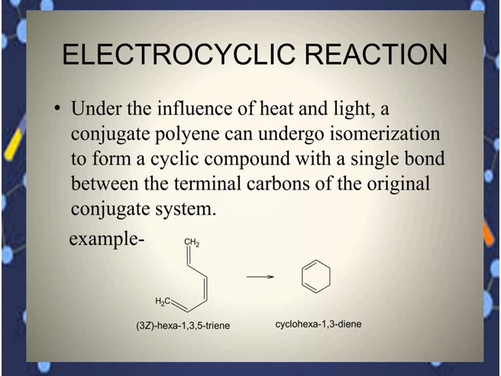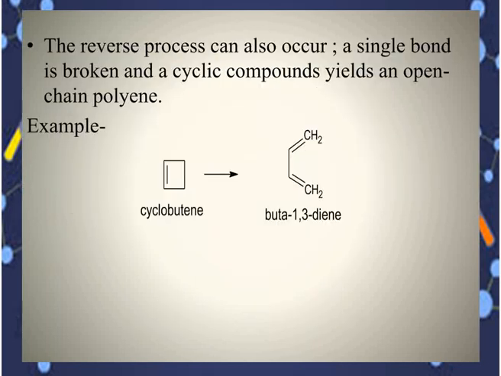You can look at this example. The name of this molecule, which is a conjugated polyene, 3Z-hexa-1,3,5-triene, and how it converted into the cyclohexa-1,3-diene. So this type of conversion is known as electrocyclic reactions. Now the reverse process can also occur.